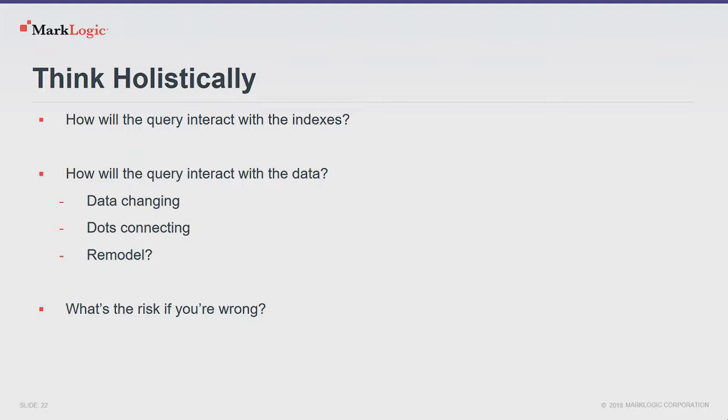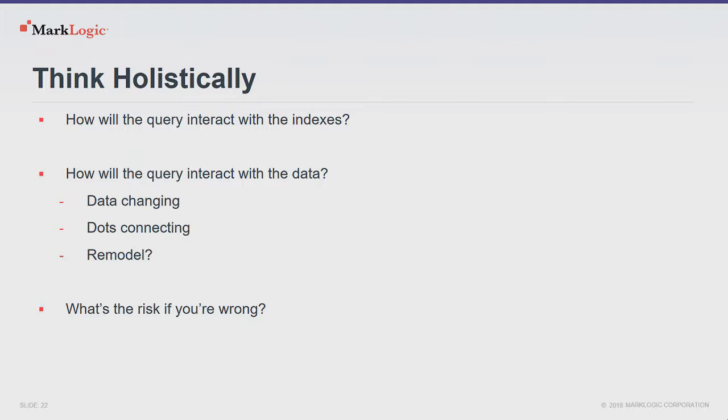And then part of thinking holistically too is, what is the risk if you're wrong? I work with a number of customers who say, I want the fastest possible SQL or SPARQL query, so optimize this one query until it's perfect, please. And we can do that. Once again, though, with cost-based optimization, it's going to be a moving target, particularly as you upgrade to different versions of the optimizer.